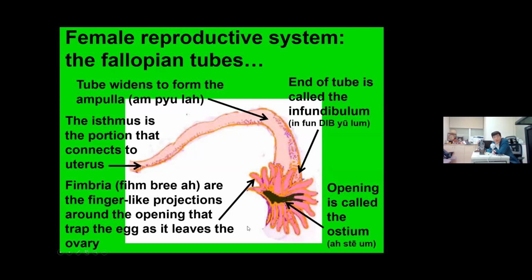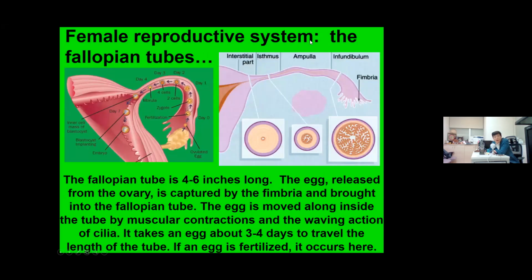The ovary produces the ova, the egg. Then it migrates through the fimbrial end to the uterus. And almost 90% of fertilization happens in the fallopian tube. So this is the female reproductive system.